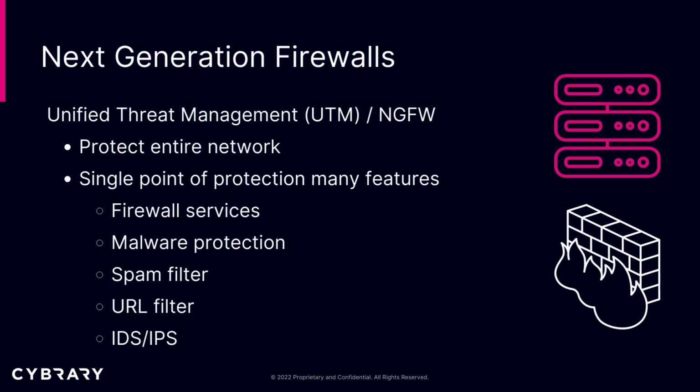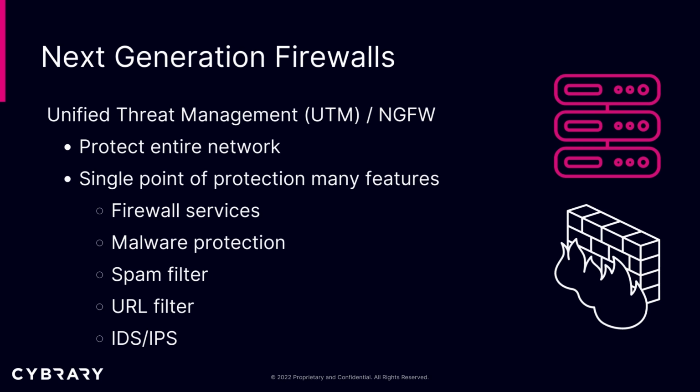So, in addition to the firewall services, it may have malware protection built right into the appliance. Sometimes this malware subscription is updated annually or monthly depending on the subscription provider. That's a dynamic piece of these next generation firewalls, where active malware protection is constantly scanning incoming and outgoing traffic. It can have a built-in spam filter and a URL filter.